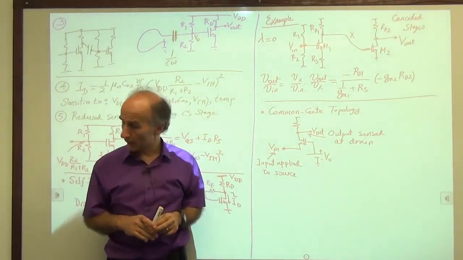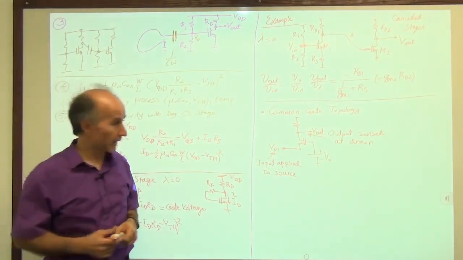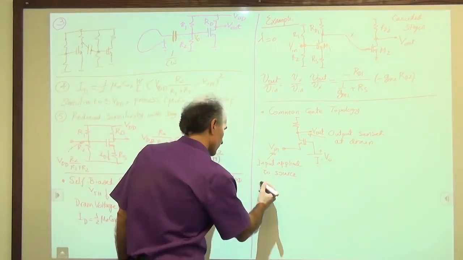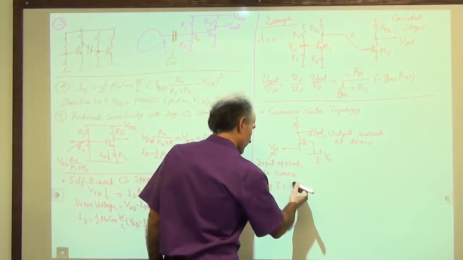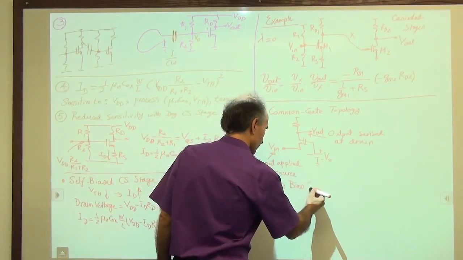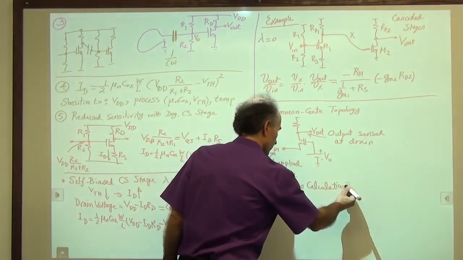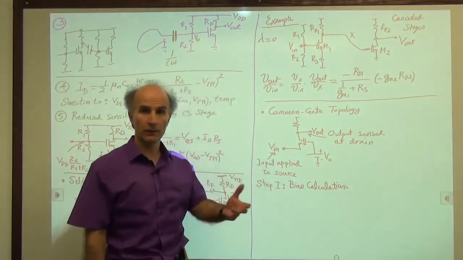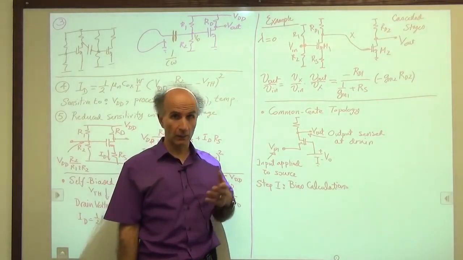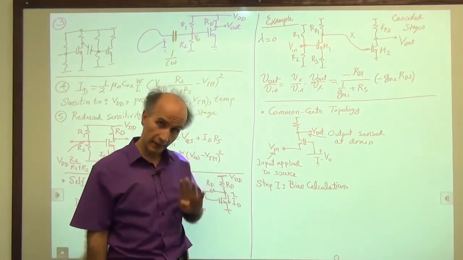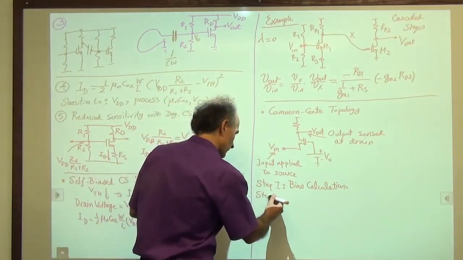Okay, so what we need to do for this type of circuit is twofold, as we've seen in the past. So step one, perform bias calculations. Remember that we always have to start with bias calculations to see how much current flows through the device in the absence of a signal, and whether the device is healthy, whether the device is in saturation. And then step two, once we have confirmed all of those, we can go ahead and look at the small signal properties.